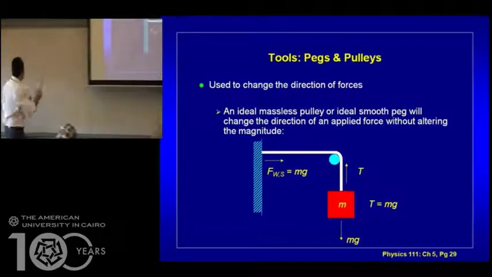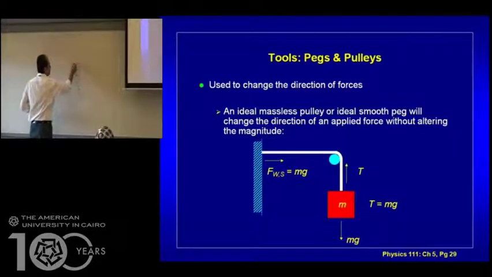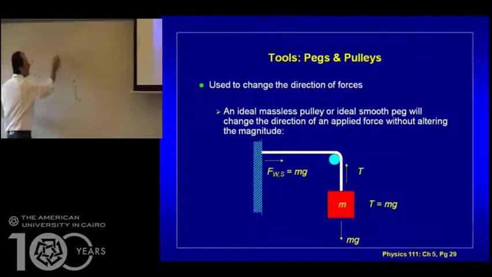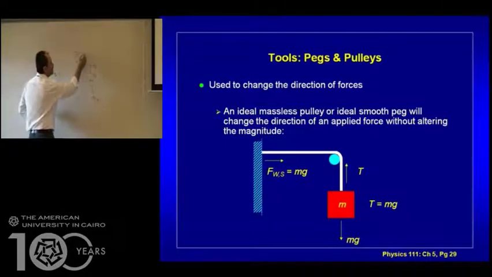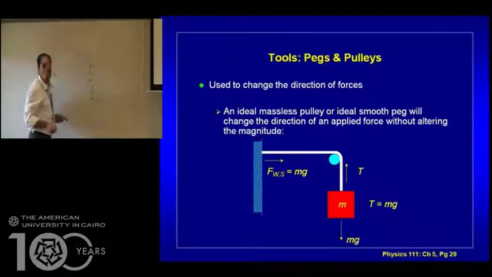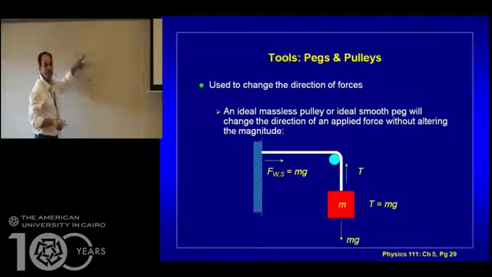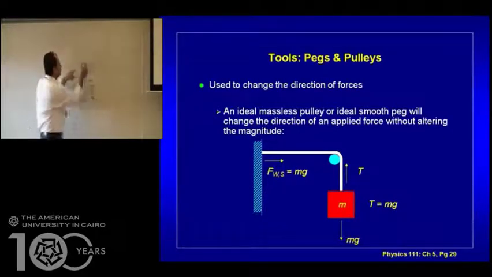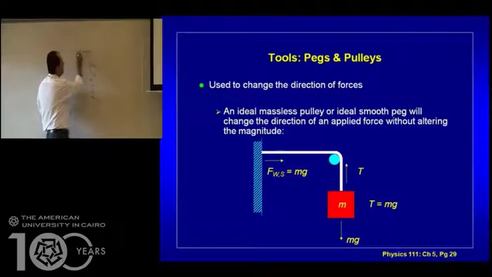Now you have a pull in here. So the tension is up, and at that point, since there is no motion for any element of the wire, the net force on it should be 0. So if the tension at that point is in that direction, the tension along here is going to be in the opposite direction.